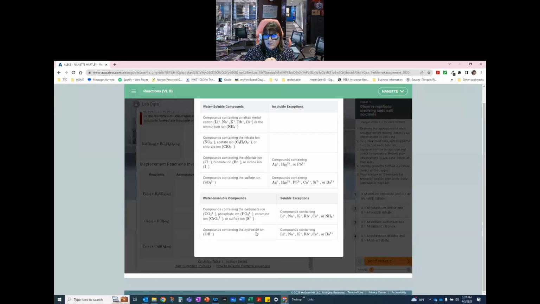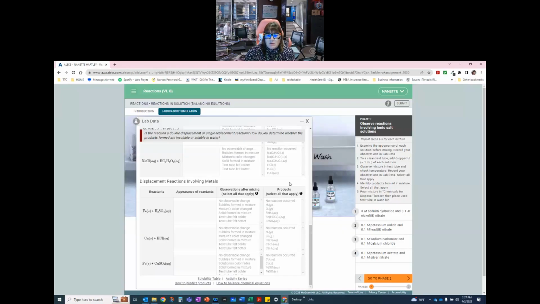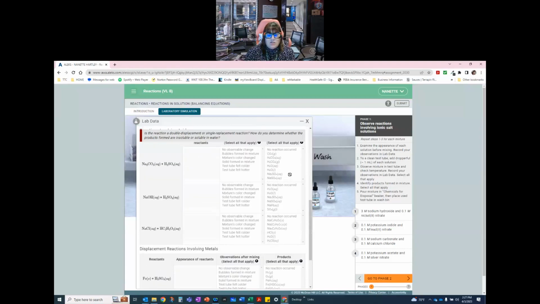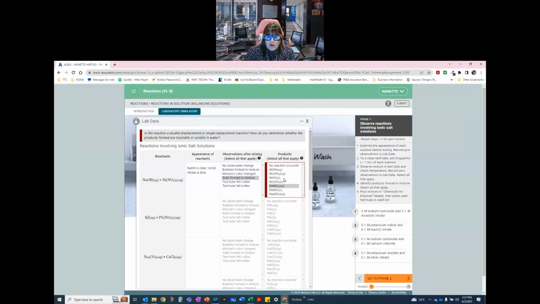So specifically listed here, except for all of these. Since it's a hydroxide and it's not one of those, that would be something that I would expect to be a solid. So I would choose the Ni(OH)2, because I need 2 hydroxides if Ni is 2 plus. This one and this one.